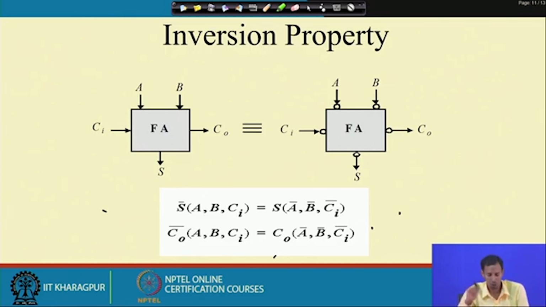So, to reduce the number of transistors, from the beginning people have taken the complement of A, B and C, which are used in this particular full adder cell.